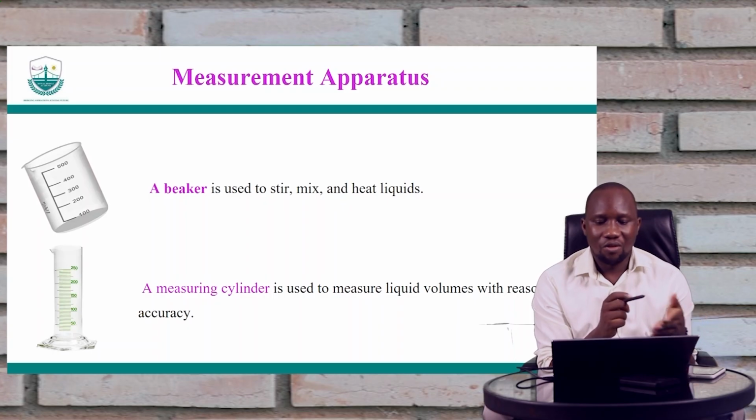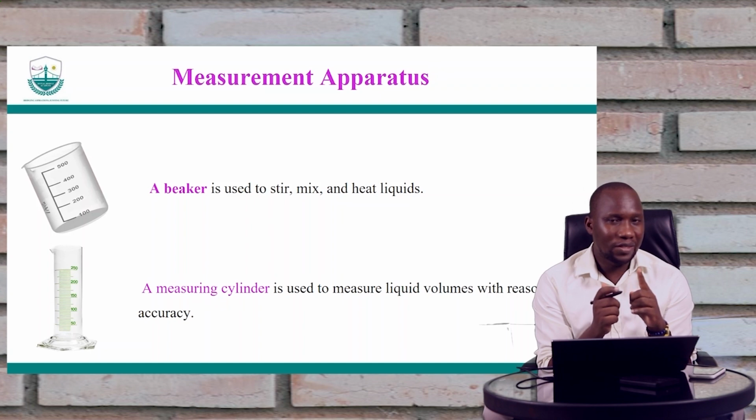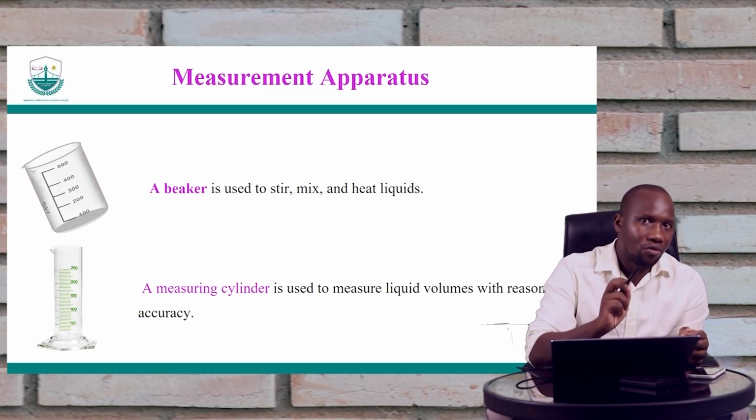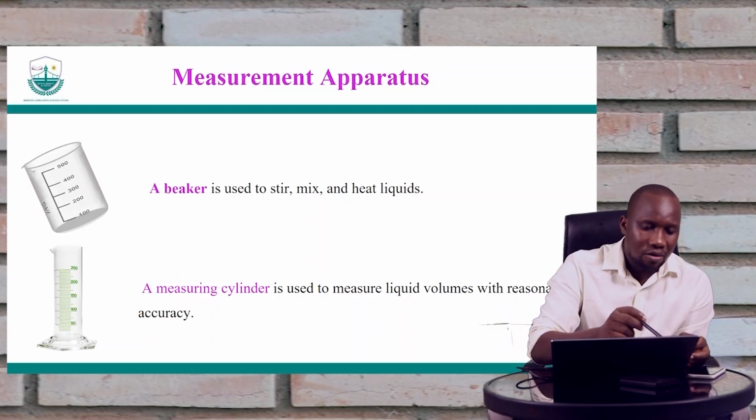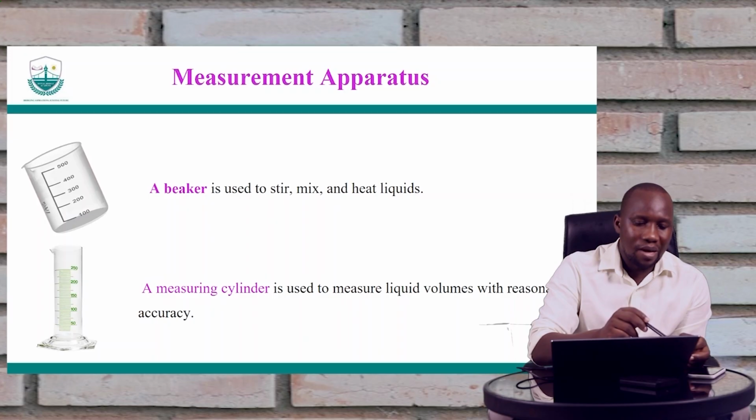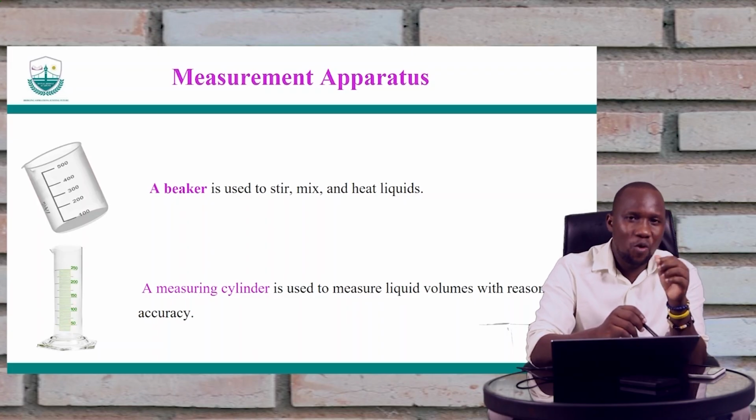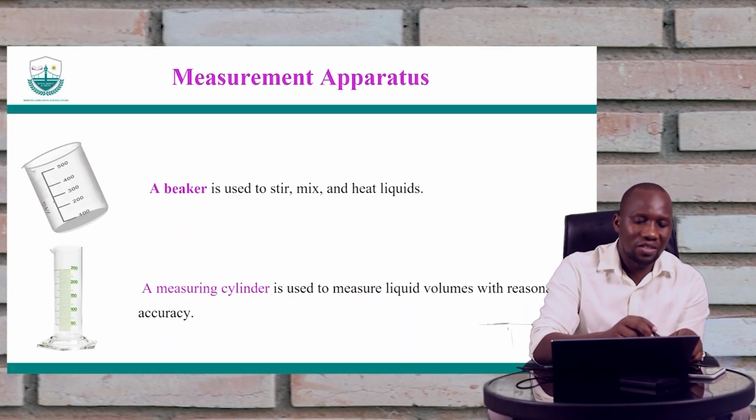Still, you can use it for measuring a particular volume of fluid or liquid, with some good accuracy. That is what makes it different from a beaker. You see a beaker, you move from 100, you go to 200, isn't it? But with the measuring cylinder, you have some graduations. These marks are what we call graduations. These graduations allow you to be more accurate compared to the beaker, where you don't have marks in between.